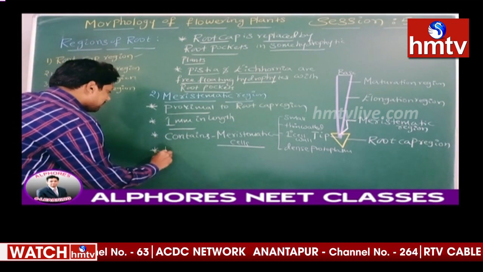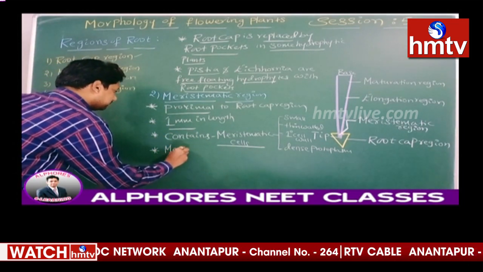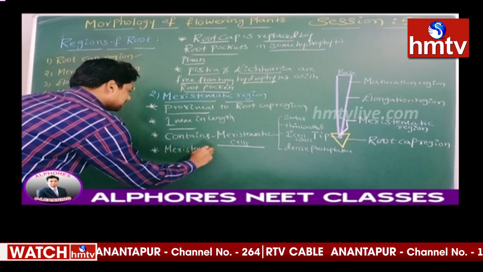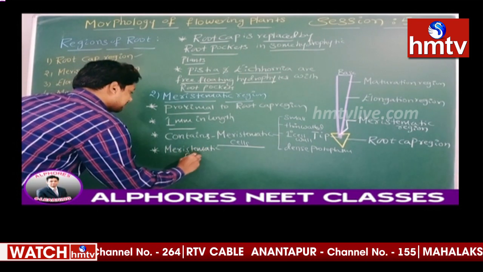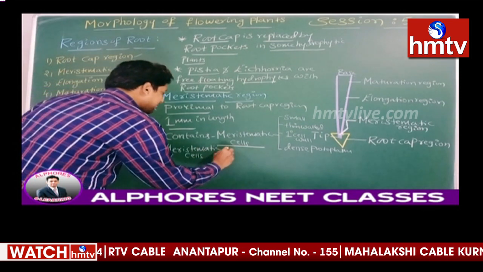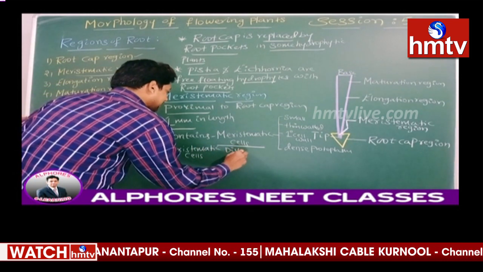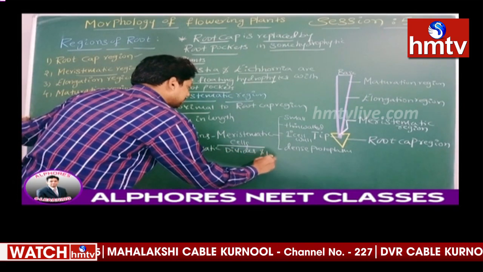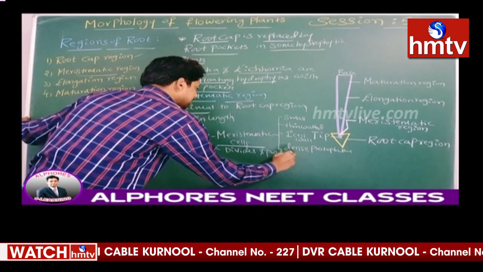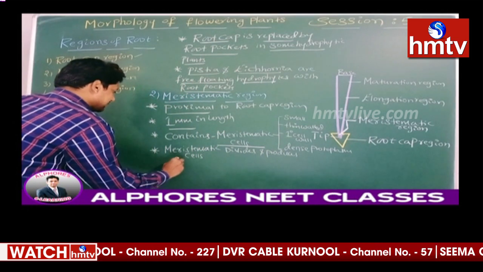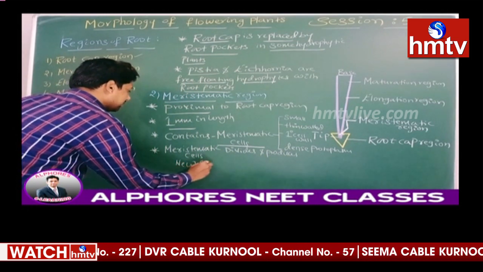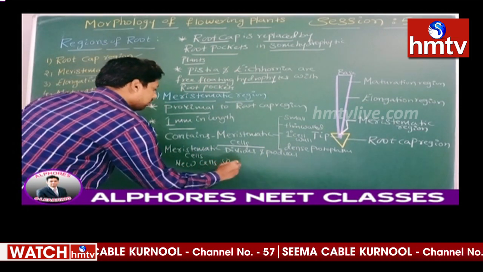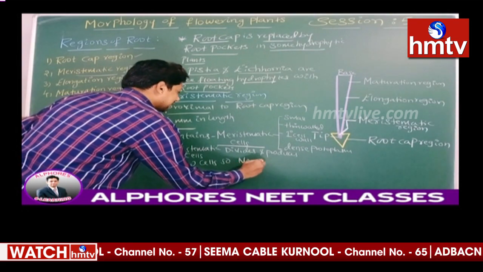Therefore, meristematic cells divide and produce new cells. So the number of cells increases.